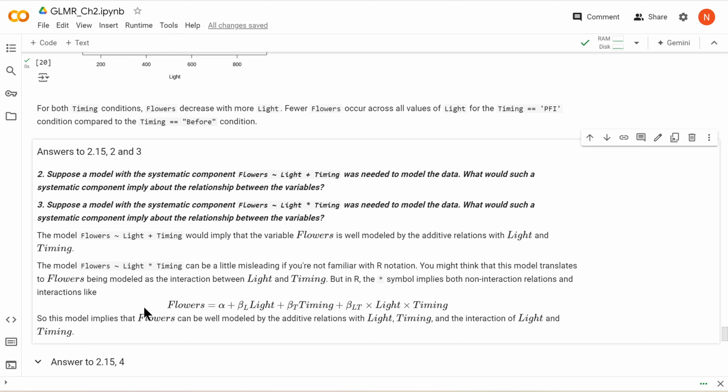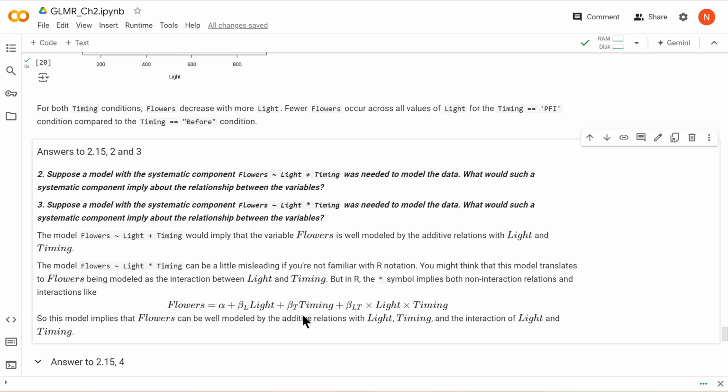Okay, so what does this imply about the relationship between the variables? So if we use this model, well, this model implies that we think that flowers can be modeled as not simply an additive relationship with light and timing, but that we need this interaction term.